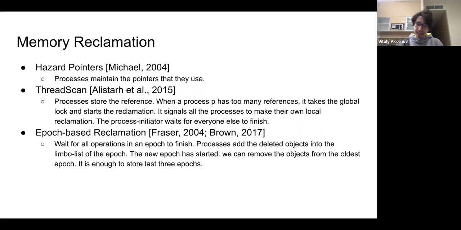It's not as trivial as it sounds, since we should have 3 epochs, unfortunately, instead of 2. But this is a little bit tricky and I don't want to get into it. The main idea is that you just go and remove the old epoch. You can see it in the paper of Brown.